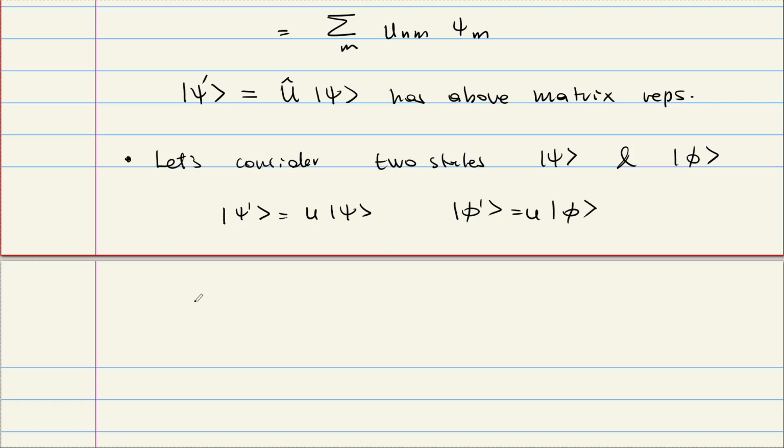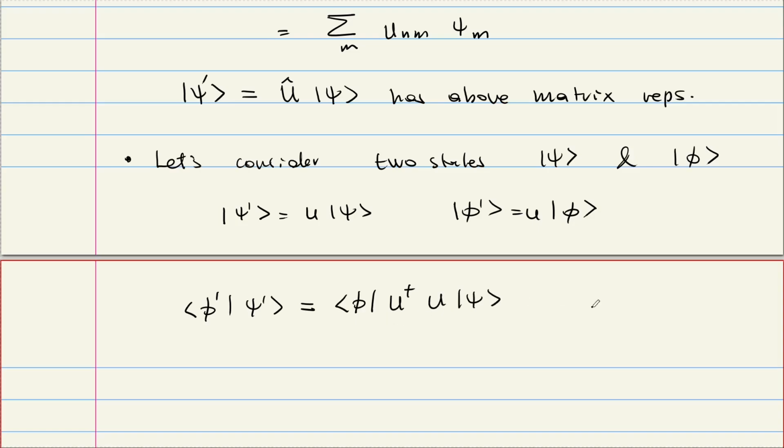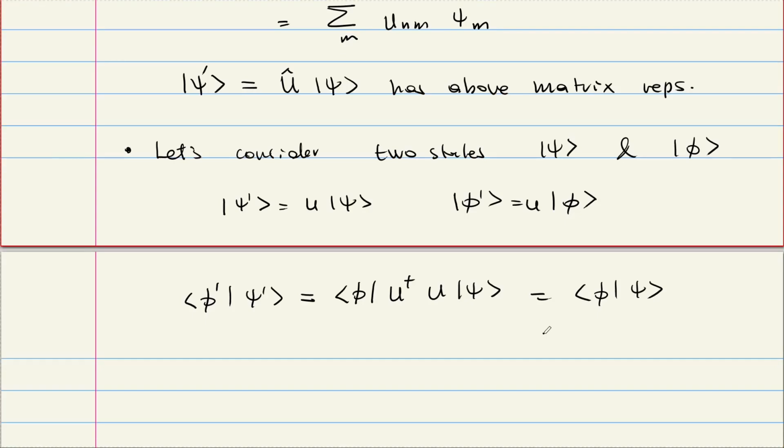And I want to look at the inner product phi prime psi prime in the transformed basis. When I take the bra, this is going to be phi u dagger, and this thing is u, and this thing is psi, but u dagger u is 1, therefore this is phi psi. And this is how unitary transformations preserve length and also angle between states in the Hilbert space.